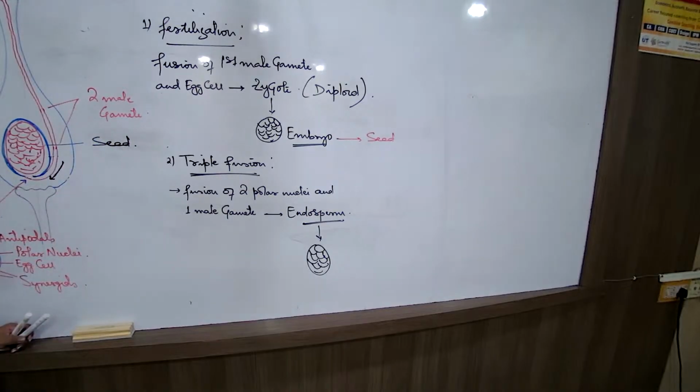What has happened in the ovule? That zygote, that embryo, got converted by repeated cell division into an absolute multicellular structure full of nourishment, known as the seed. But then what about the rest of these parts?